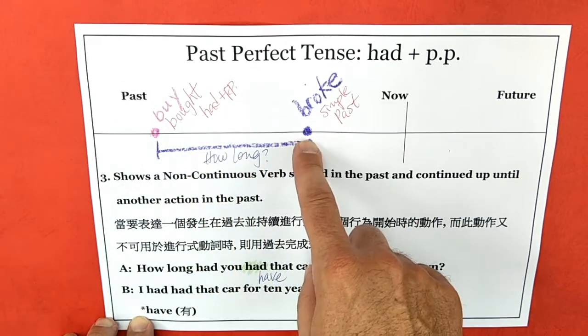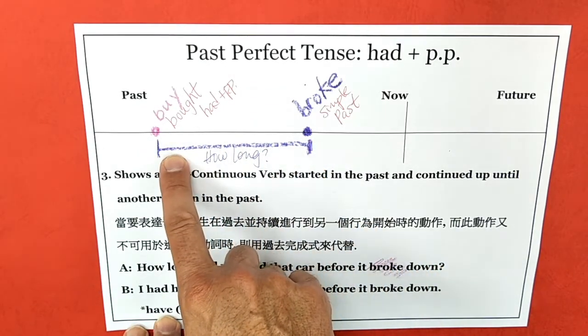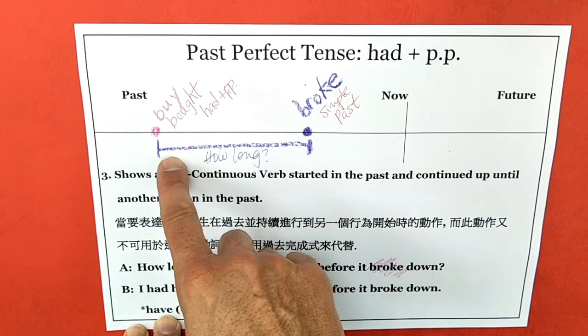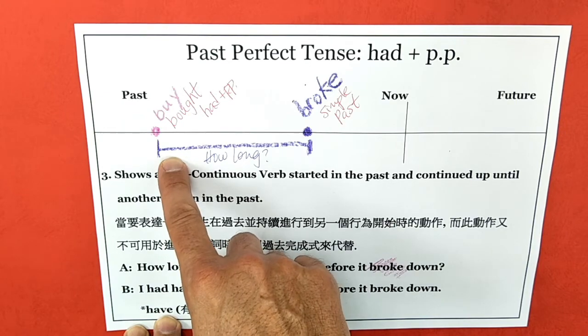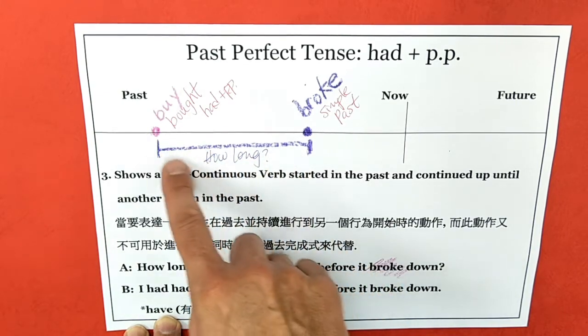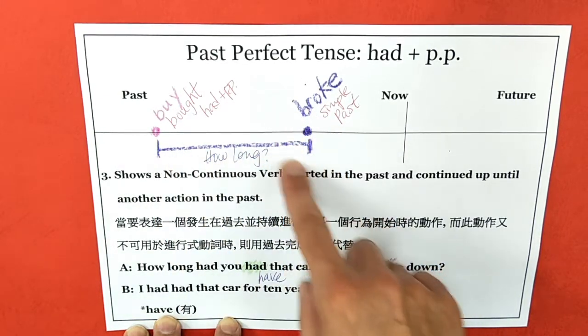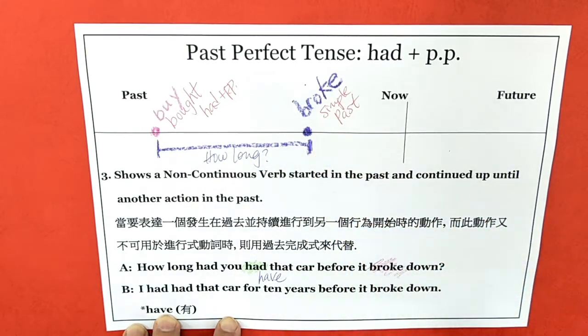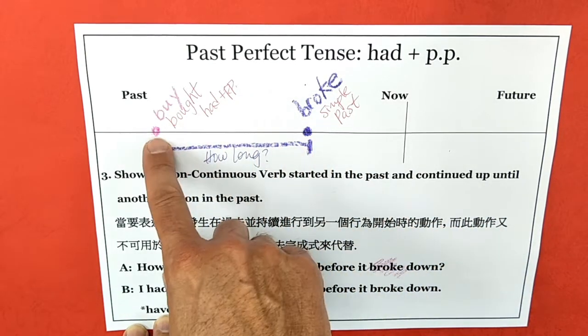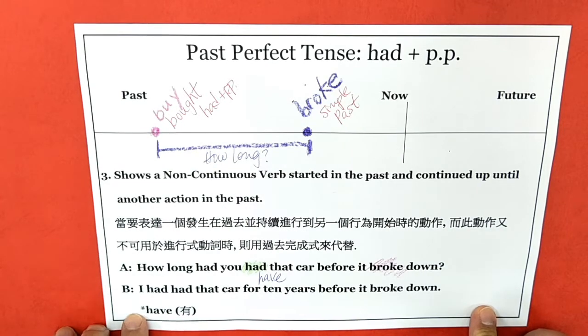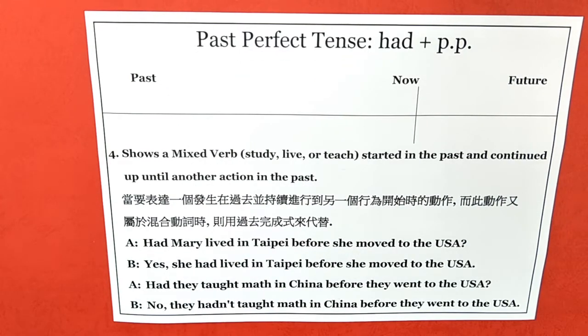We have two actions. The first action is non-continuous, having a car, and it goes up to a certain point. It's still in the past, but it's in the past before the second action. All right, okay, again, past perfect tense, had plus PP.